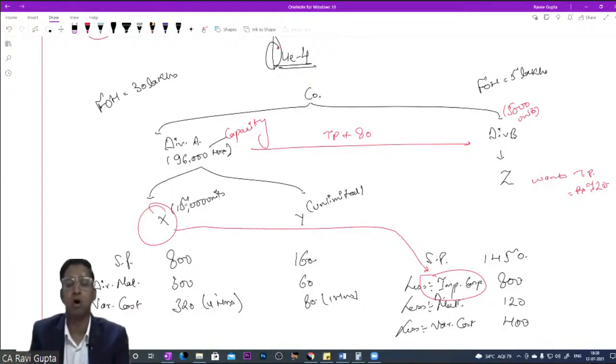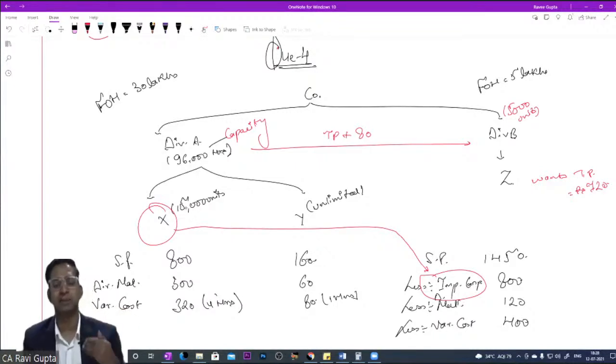But which product will we produce, X or Y? We first have to compare the requirement of hours versus the availability of hours. The requirement is unlimited, while the availability of hours is only 96,000. In that case, this becomes a limiting factor, a key factor.